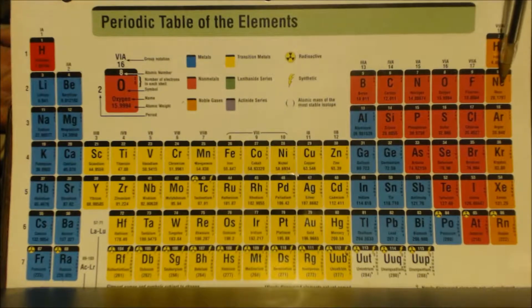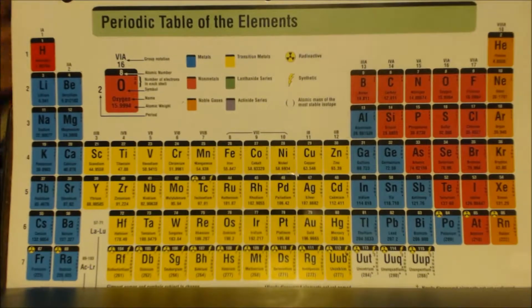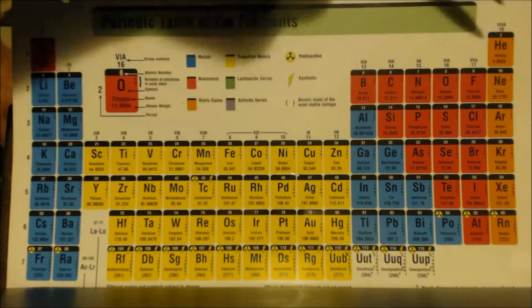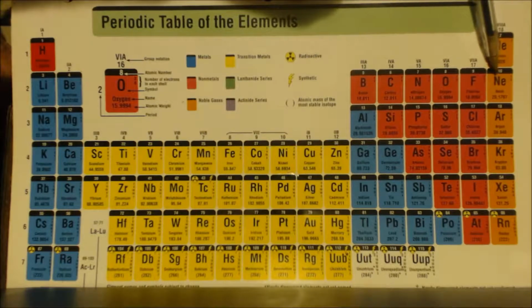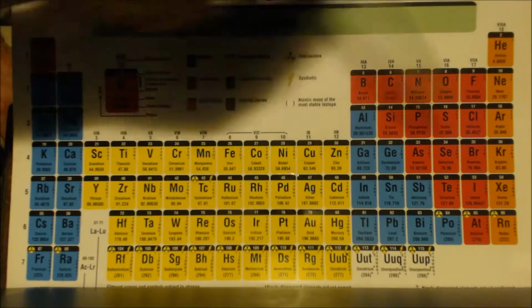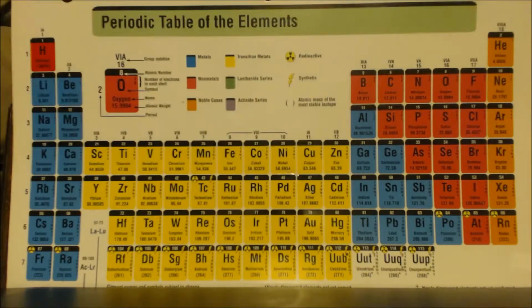And then its outer shell is filled, right? So it would want 8 to be a noble gas. Hydrogen wants to be a noble gas like helium, lithium and beryllium want to be a noble gas like neon, and they all want to move over to the right where the electron configuration is perfect.